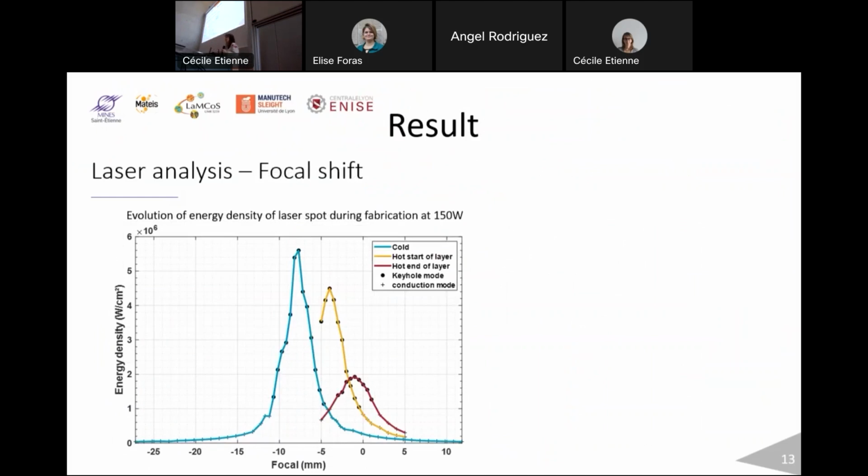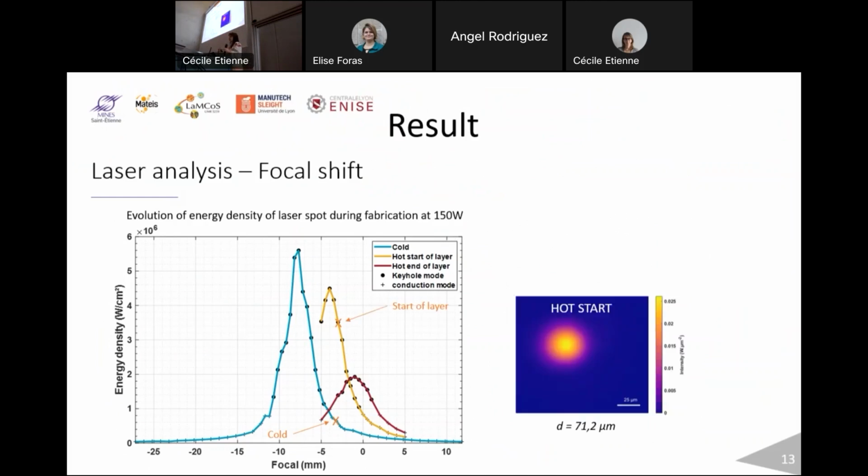It means that during a construction, for example, we start the construction, we build at -3. It's an example. So we start with this energy density with a big spot. And after a few cycles, you have here a really good spot size, a Gaussian of about 70 micrometers.